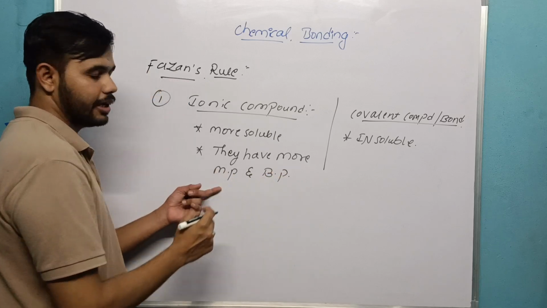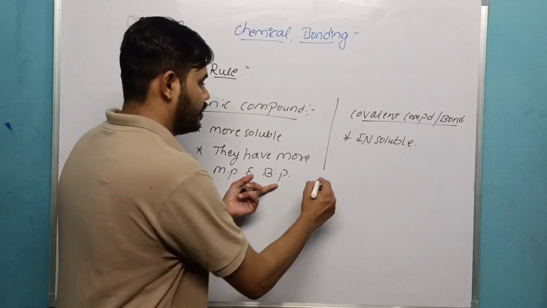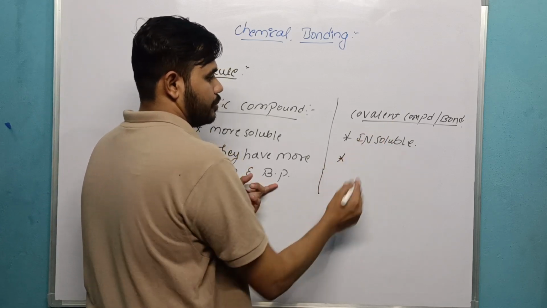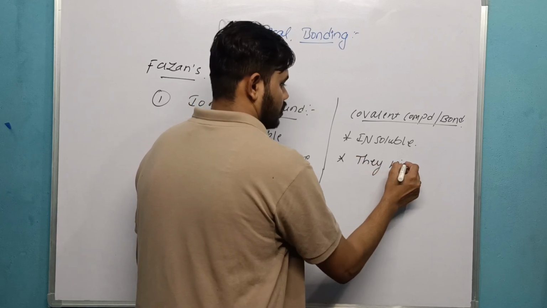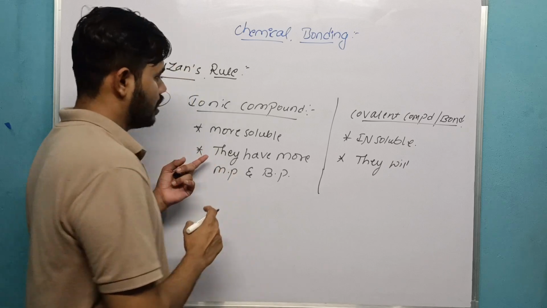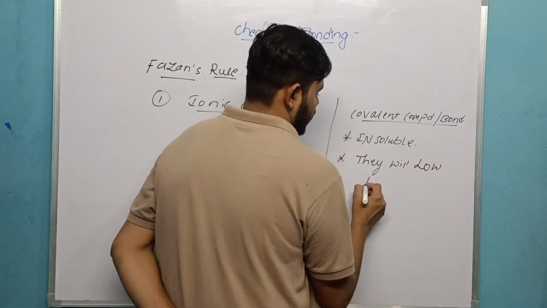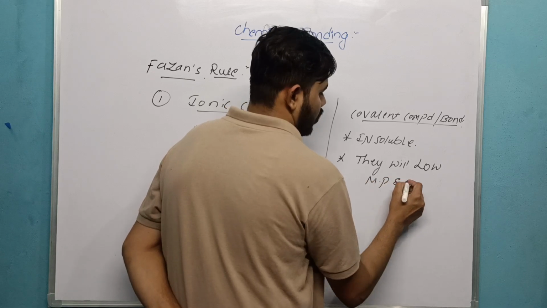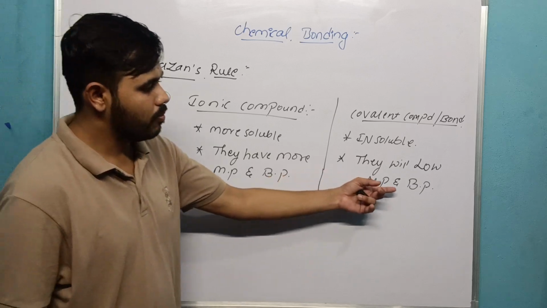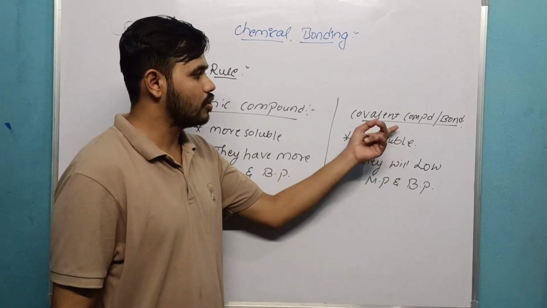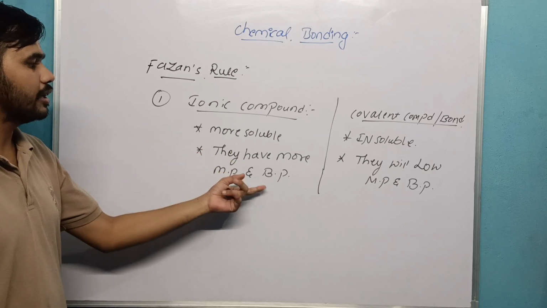I have written melting point in short form MP and boiling point in short form BP. While coming to covalent bonds, opposite to the ionic compound, they will have low melting and boiling points. And while coming to ionic bonds, they will have high melting and boiling points.